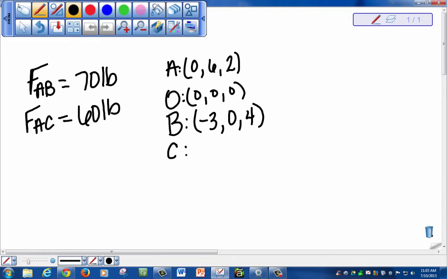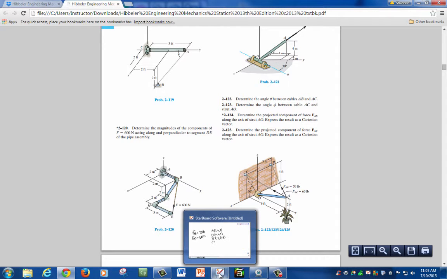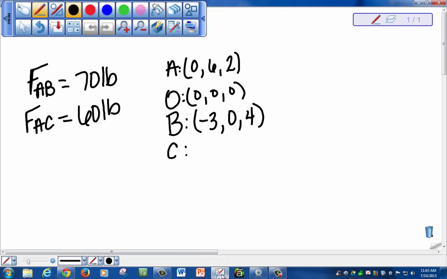And then point C, when we look back at it, we notice that it's at an angle. So we have to take that angle into consideration whenever we're trying to figure out its location. So we're going to say 5 cosine of 60, because we want the horizontal distance.